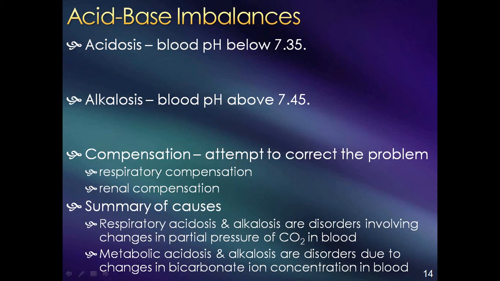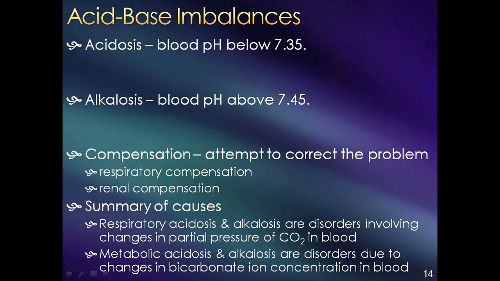Now, what we're going to be doing in class is trying to diagnose different acid-base imbalances, which means there are 3 things you need to look at in order to figure out what type of acid-base imbalance a patient is suffering. Obviously, the first thing you need to look at is the pH. In looking at the pH, you're going to say, okay, is it acidic or is it alkaline? Well, that tells you half the story.